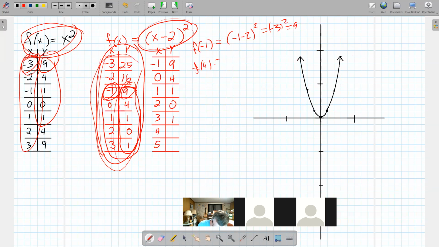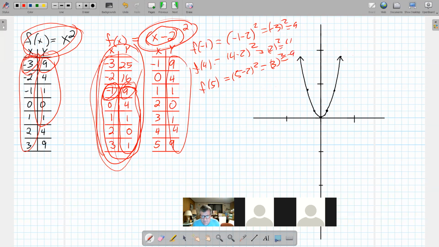F of 4 is (4 minus 2) squared, which is 2 squared, which is 4. And f of 5 is (5 minus 2) squared, which is 3 squared, which is 9. So by increasing my x values by 2 units to compensate for the fact that I'm going to subtract 2 units before I square it, my y values are now the same as they were before.